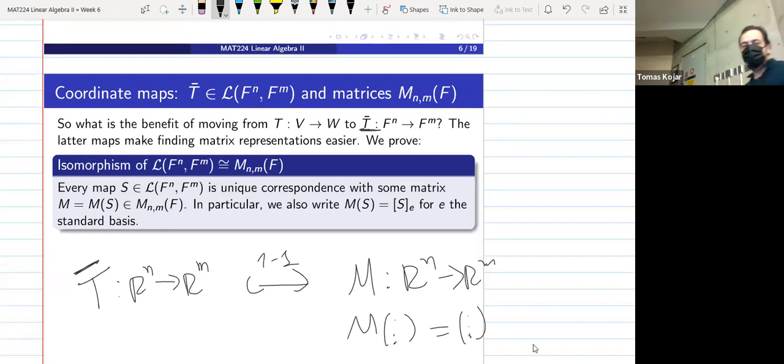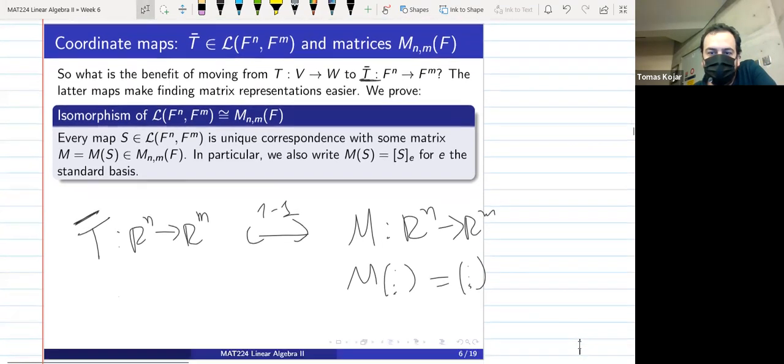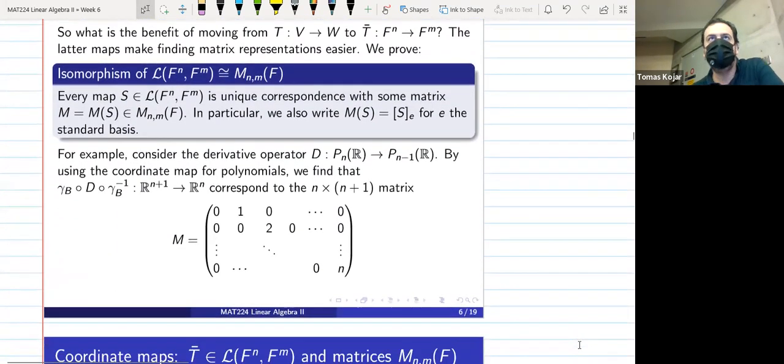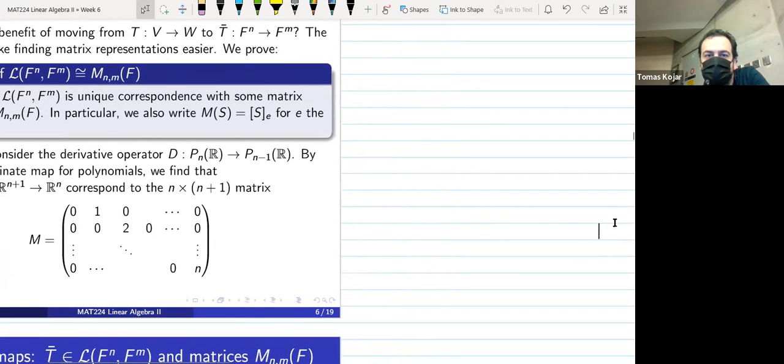So you can always associate a matrix to these T bar maps. All right, let's do an example, the derivative one. Then we'll do all the proof stuff. Again, the derivative takes nth degree and maps it to n minus 1. So let's go here. It takes a0 through xn.